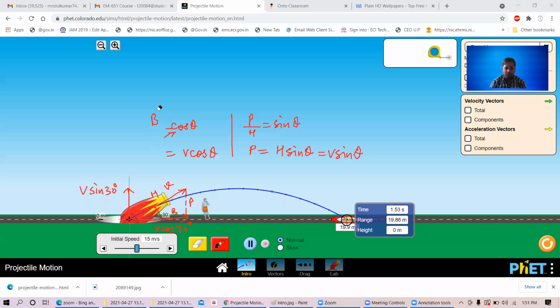Now let's move on. If we have a velocity, let's say 15 meters per second in this case, this velocity is in a direction making an angle of 30 degrees. First we need to calculate the time of flight.